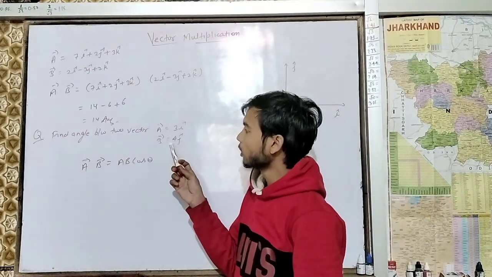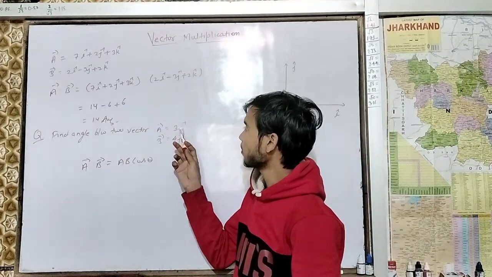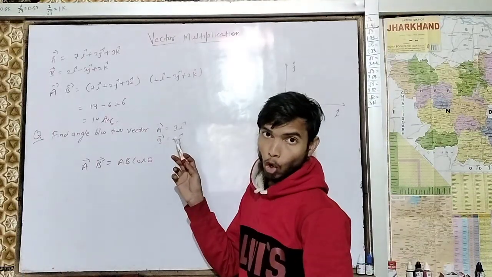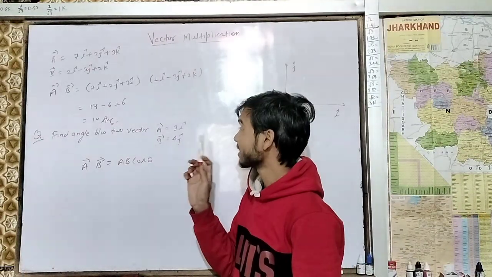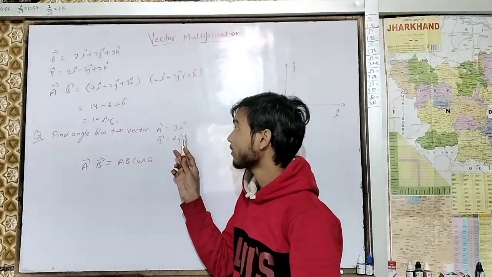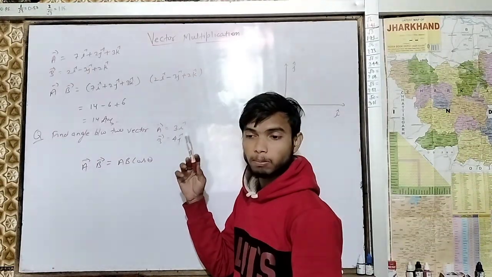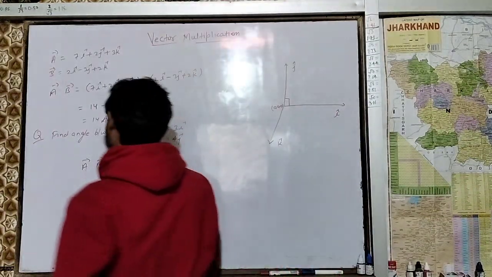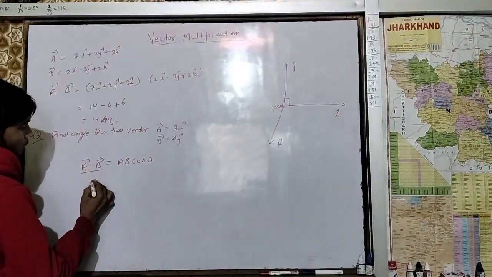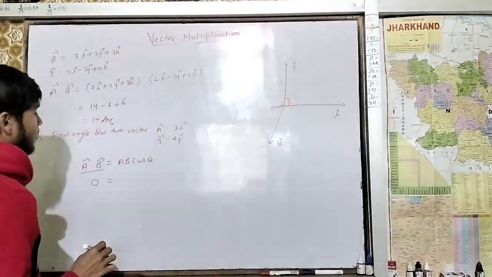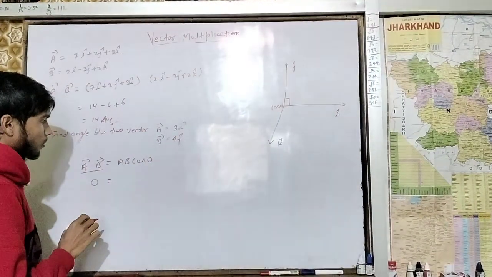When you multiply this by this, you will get 0. Why? The reason is we have different axes which are perpendicular to each other. That's why this will become 0. Magnitude of A we don't know.